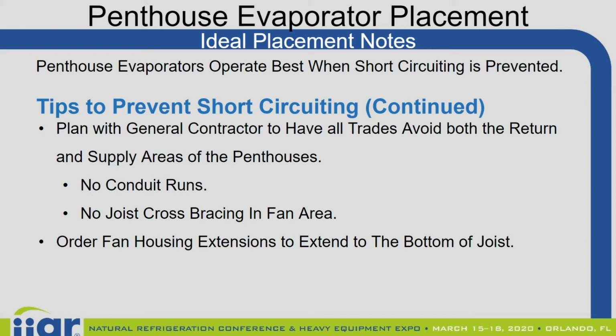So when you're working with your penthouse supplier, we're going to ask for fan housing extensions, so we're able to route that discharge air down near the bottom of the joist. That really helps provide that separation that the penthouse really needs to divide the discharge air from the return air, so we don't get that short circuiting, and we do get that direct velocity down the center of the aisle toward the floor.